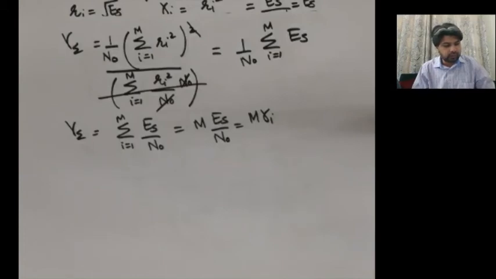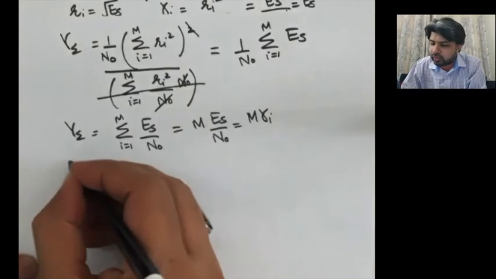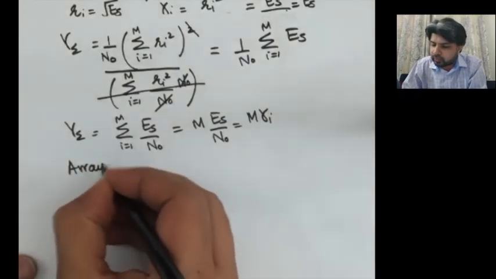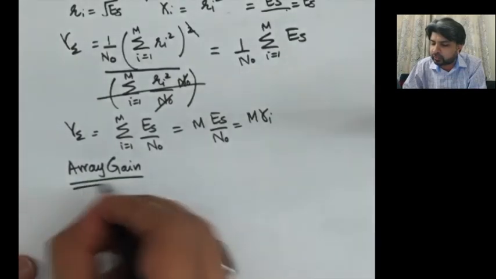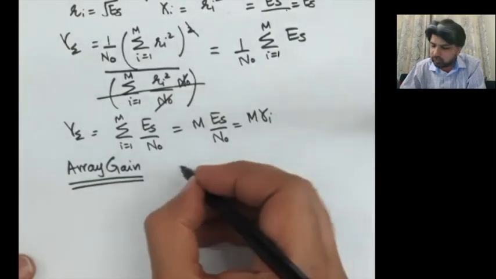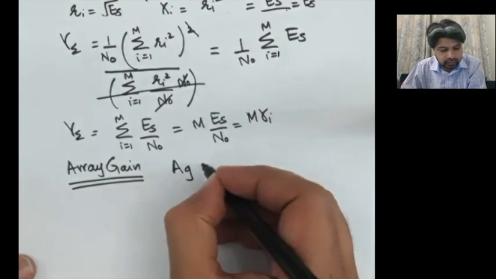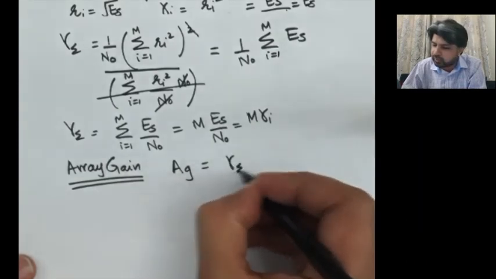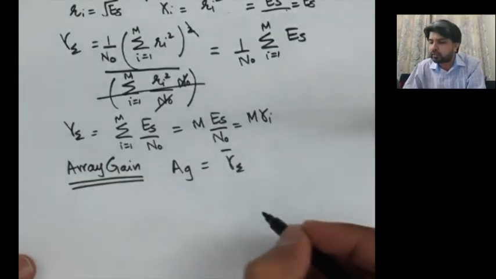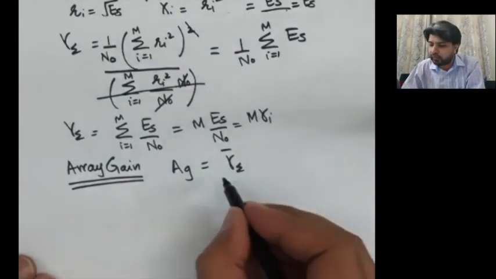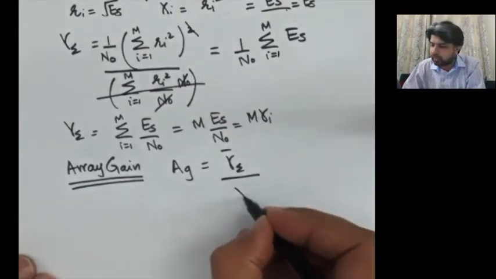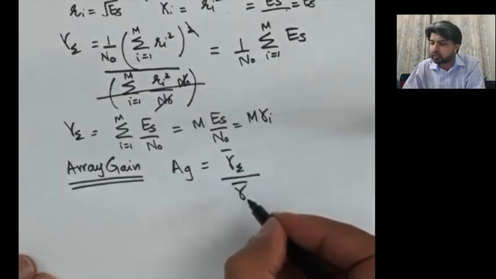This, by the way, is also called array gain. So you had an array of antennas at the receiving end that is providing you a gain in terms of signal to noise ratio. That gain, array gain, is nothing but your gamma sigma bar, which is your received signal to noise ratio at the combiner output on average, divided by gamma bar, which is your signal to noise ratio of each of the branches.